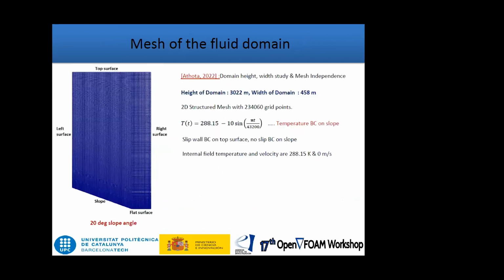Coming to the mesh of my domain, on the left you can see this configuration is an idealized configuration, as I told you, of a mountain and the streets of the cities.